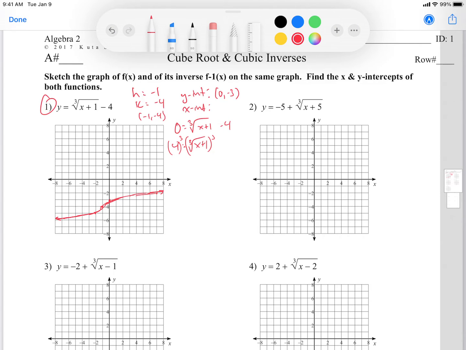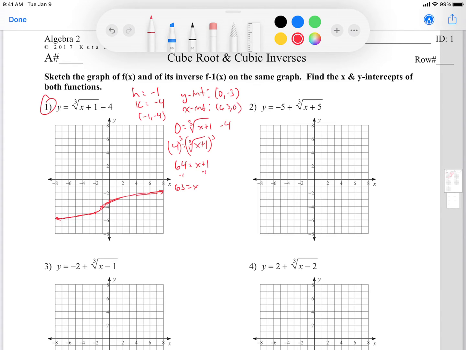And 4 cubed is what? 16 times 4, which is, I think it's 64. Yep. So 64 is equal to x plus 1, minus 1, minus 1, and I get x is equal to 63. Okay? Which means that's 63, 0.